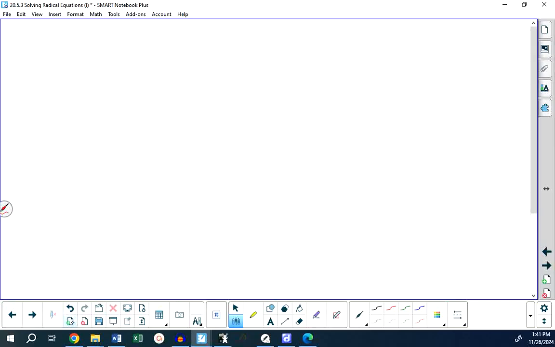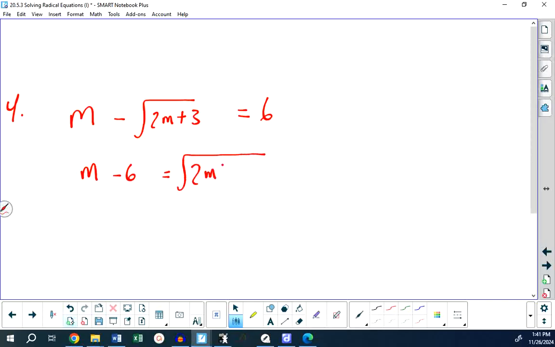M minus root 2m plus 3 equals 6. Is that correct? Okay, so that's number 4. That would mean m minus 6 is equal to root 2m plus 3.